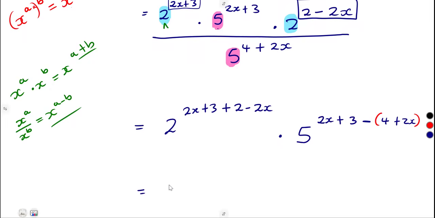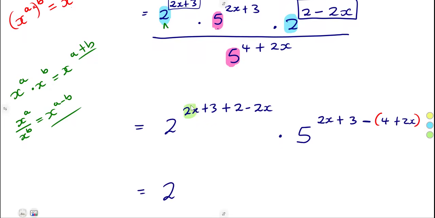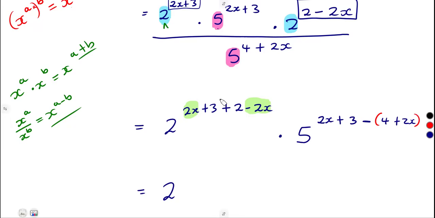So what are we going to have? 2 to the exponent of what? They are like terms. Yes, we have got like terms here, 2x and minus 2x. So 2 minus 2, that's a 0. Those two are going to cancel. We remain with 3 and 2. So 3 plus 2, that's 5. So 2 to the exponent of 5 times... Here you're going to expand the bracket.